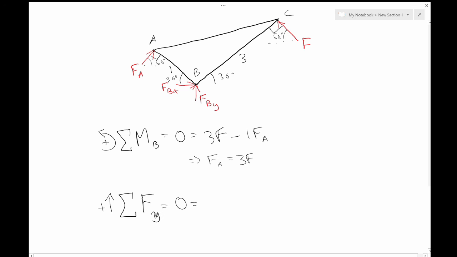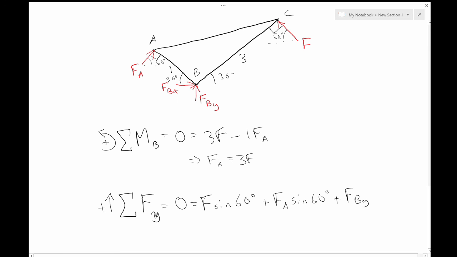So in the y direction, we're going to have F sine 60 degrees plus F of A sine 60 degrees, and then plus F of BY. Obviously all these are plus, so one of them is going to have to be negative, but we're just going off of our assumed directions here.